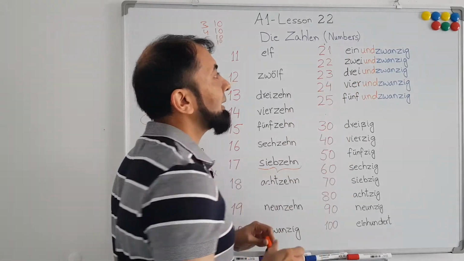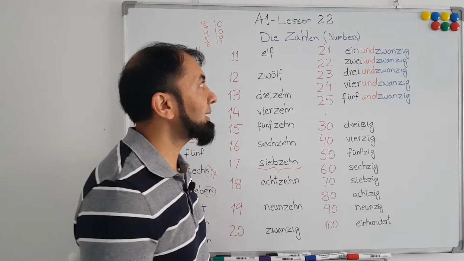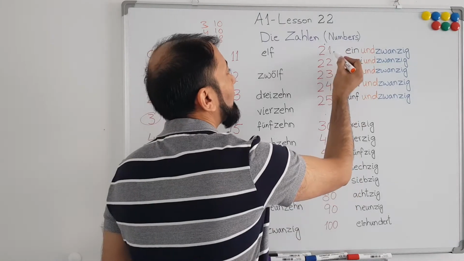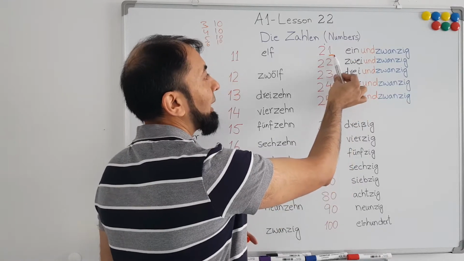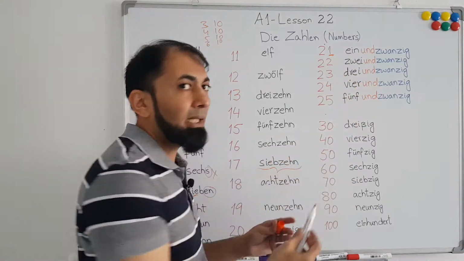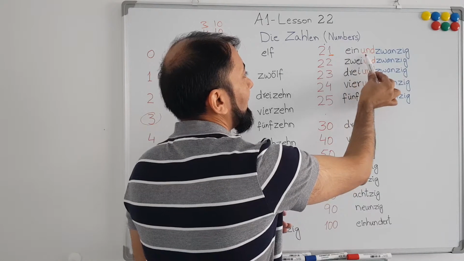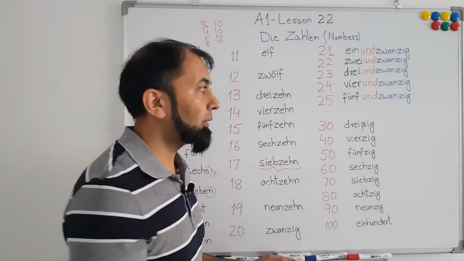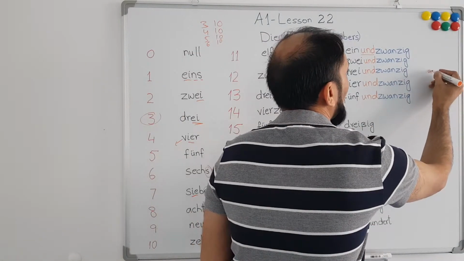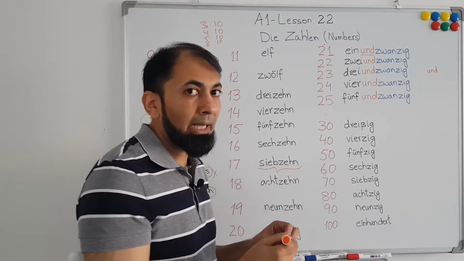21 is einundzwanzig. So what we have done is we are starting from the right side here. Whatever is on the right side will be written first, and then we will add a word called und, and it means "and" in German.